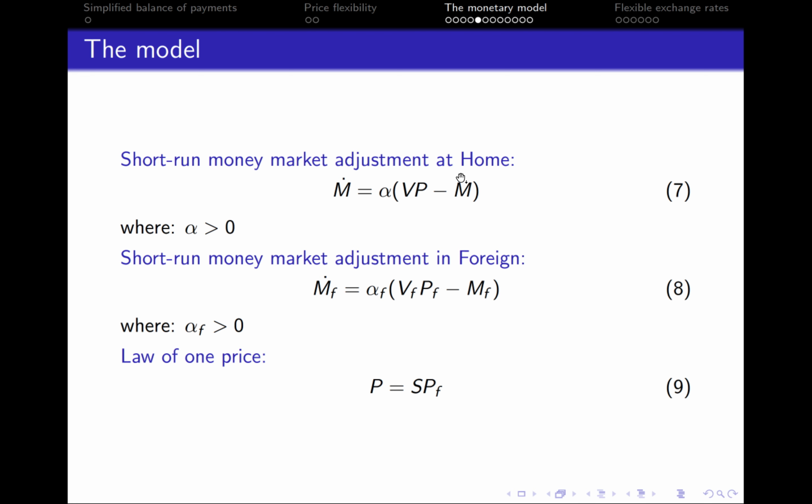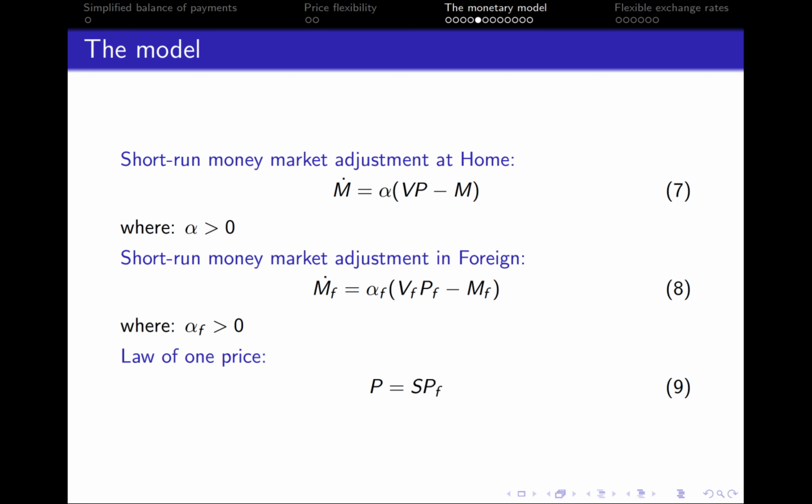So look, m with a dot is simply the first derivative of money supply with respect to time. And so this is the change in money supply. It's equal to money demand, as you see, VP, minus money supply. And here we have this alpha, which is the adjustment coefficient.